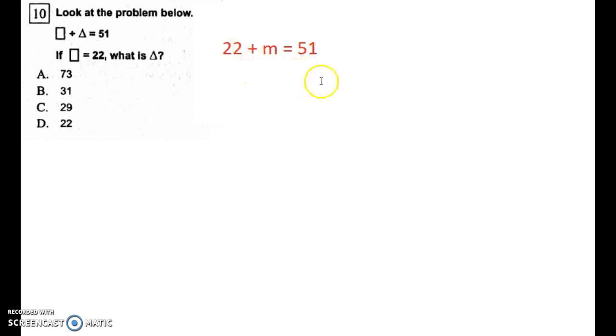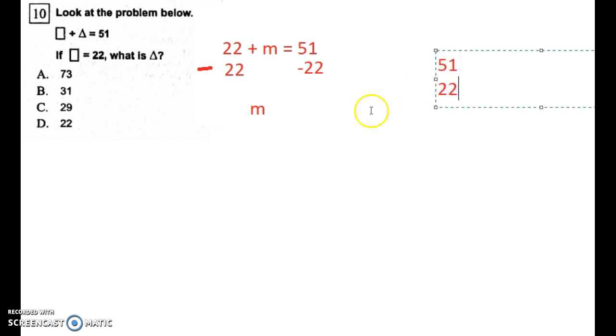And then all we have to do is solve. And we know how to do this already, right? We're going to take away 22 from this side, which means I'm going to take it away from this side. Whatever I do on this side, I have to do on this side of the equal sign. I'm left with M, and 51 minus 22 equals, you know what? I'll let you guys figure that one out.